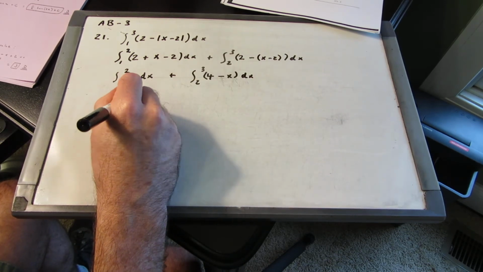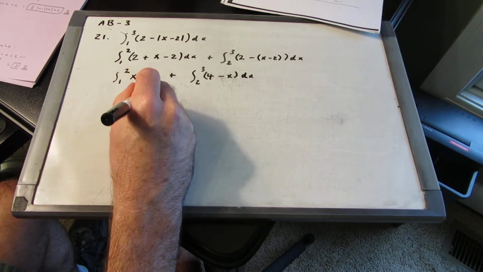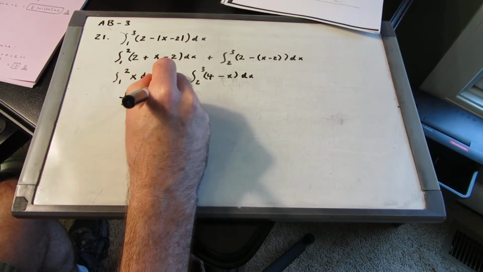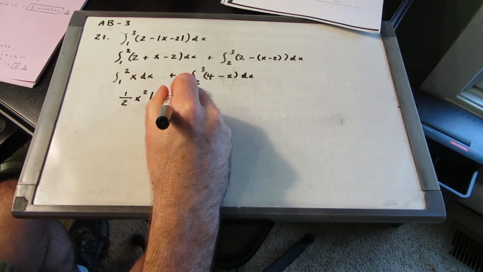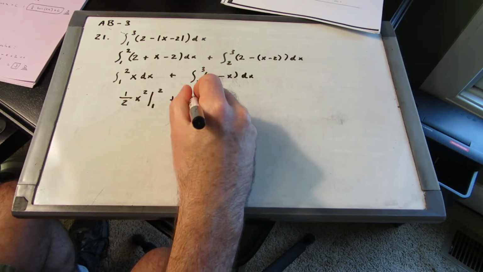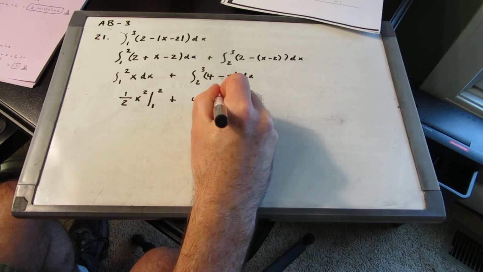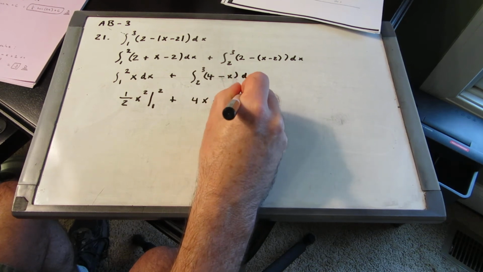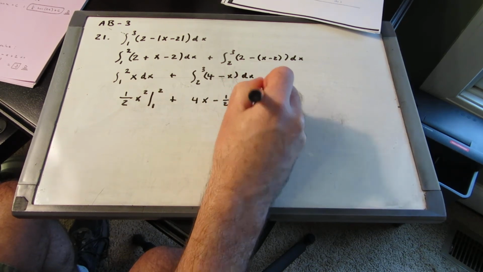So this is going to be 1/2 x squared from 1 to 2, plus, integrating 4 minus x, that's going to be 4x minus 1/2 x squared from 2 to 3.